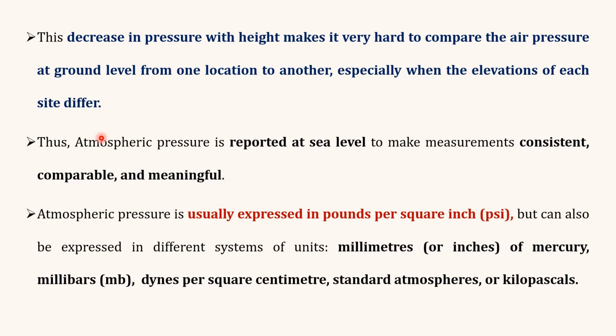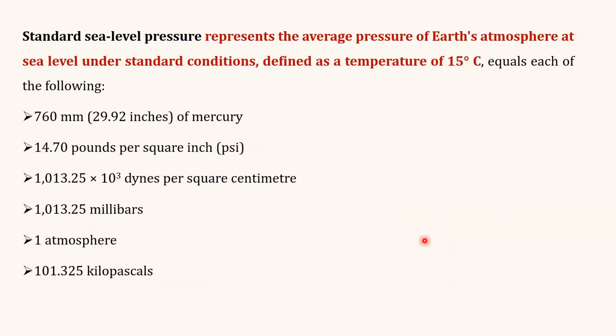This atmospheric pressure is usually expressed in pounds per square inch but can also be expressed in millimeters of mercury, millibars, dynes per square centimeter, standard atmosphere, or kilopascal. Atmospheric pressure at sea level is referred to as standard sea level pressure, and it represents the average pressure of the Earth's atmosphere at sea level under standard conditions, which is defined as a temperature of 15 degrees Celsius.